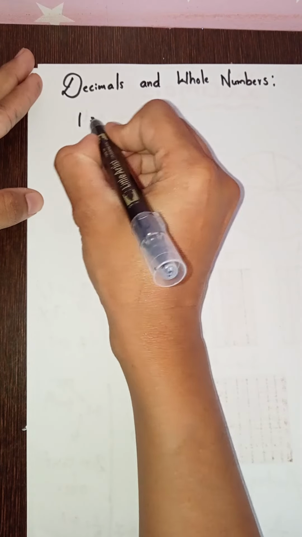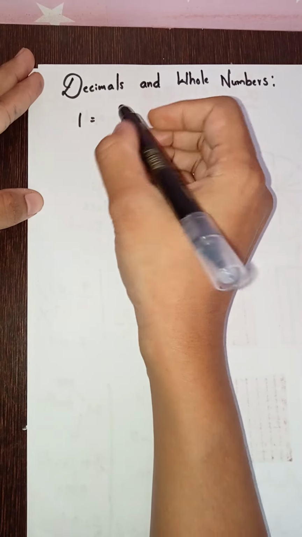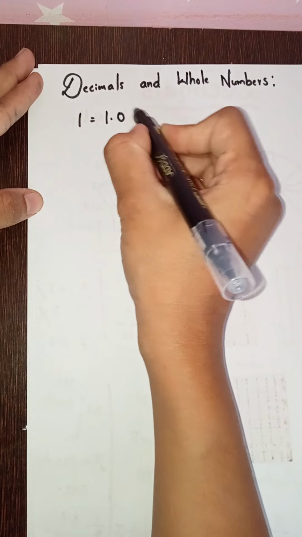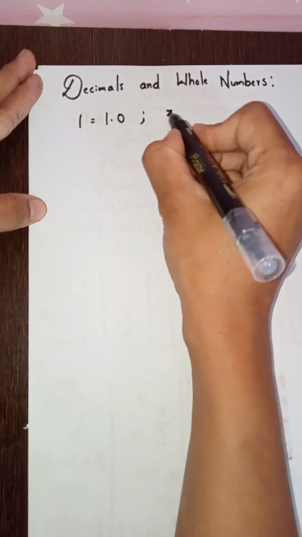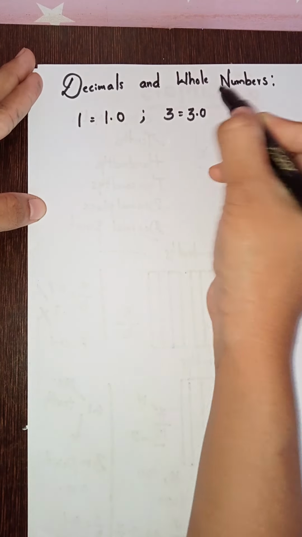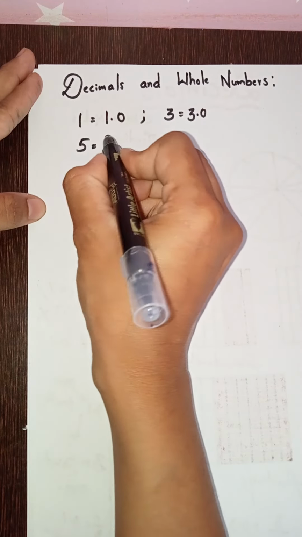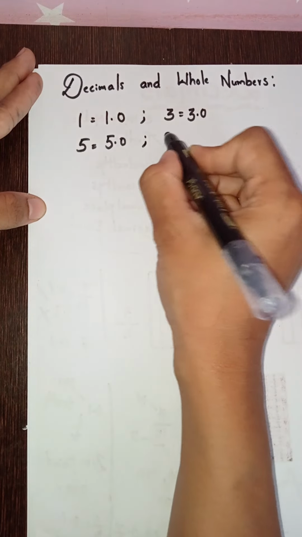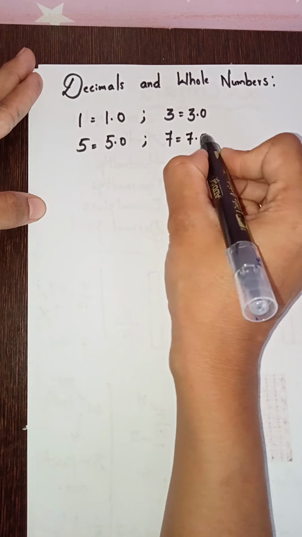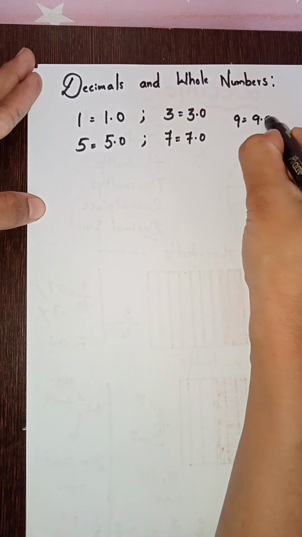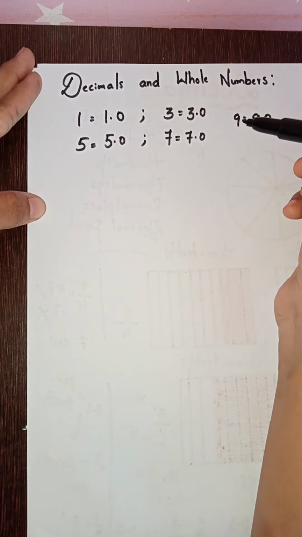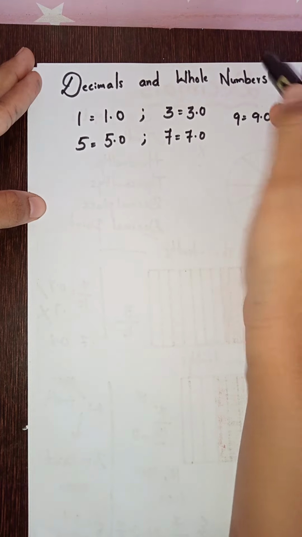So 1 is a whole number. It can also be written with a decimal point as 1.0, 3 as 3.0, 5 as 5.0, 7 as 7.0, 9 as 9.0. The 0 after the decimal point means there are 0 tenths.